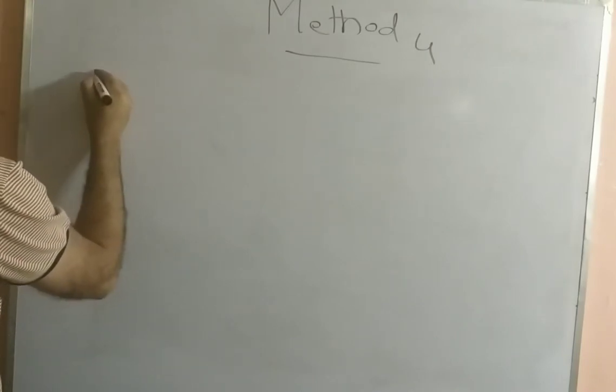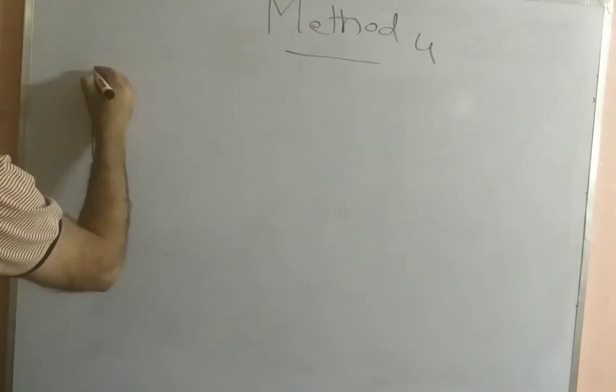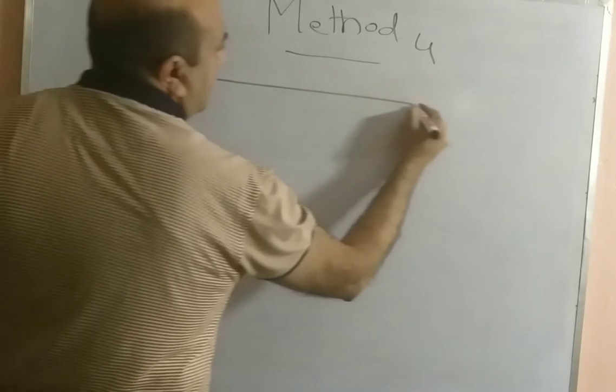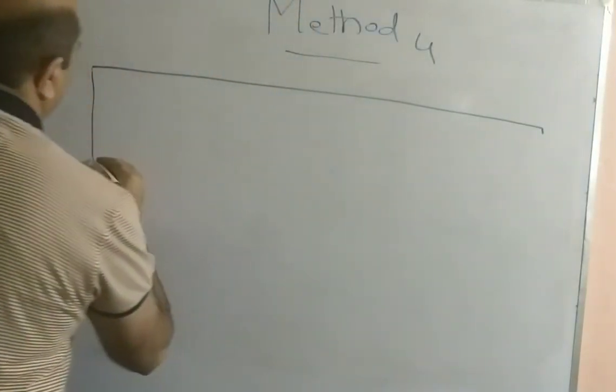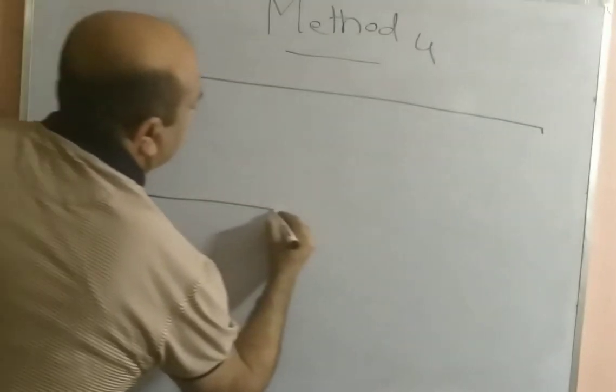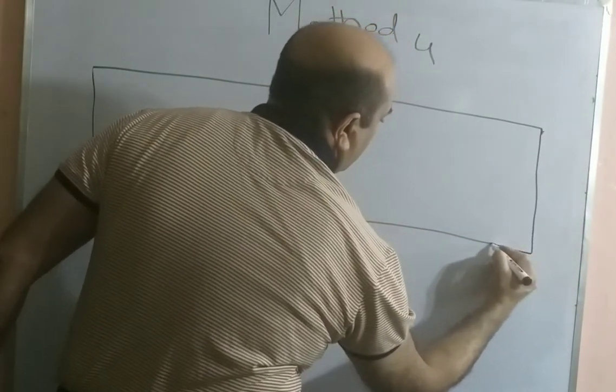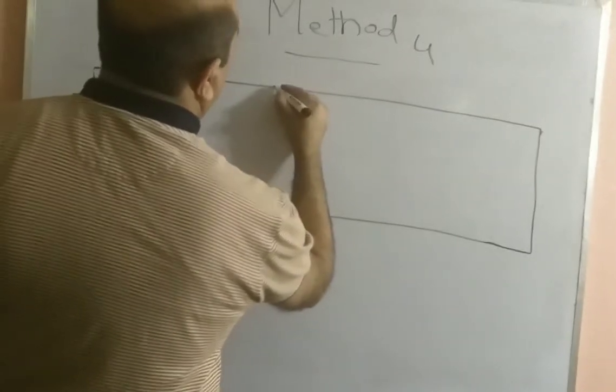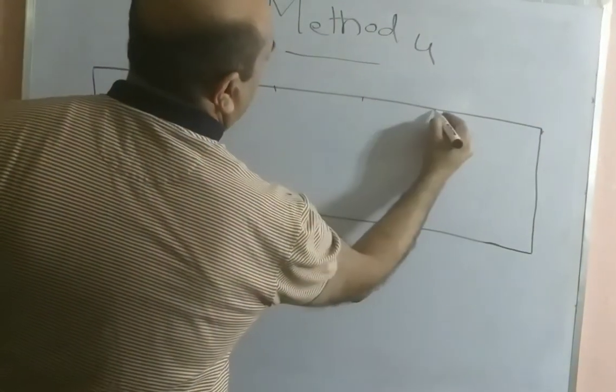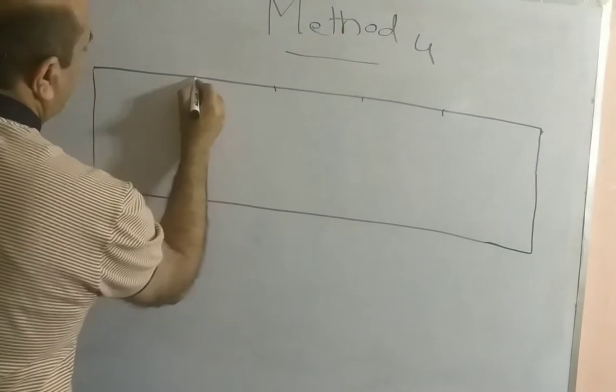Let's draw 5 large boxes. 1, 2, 3, 4, and this one is the 5.